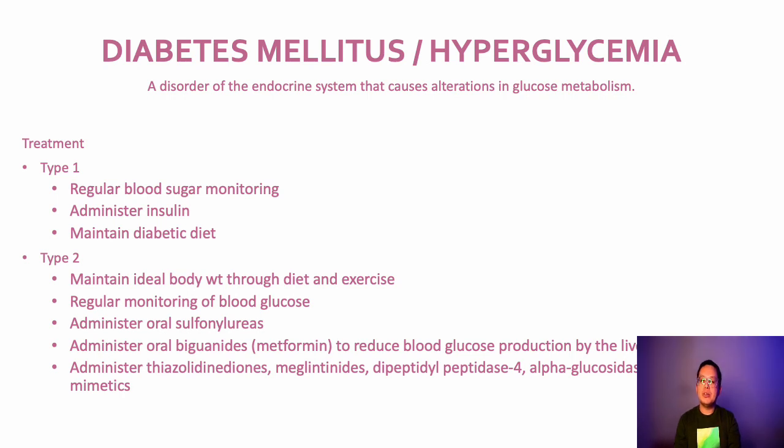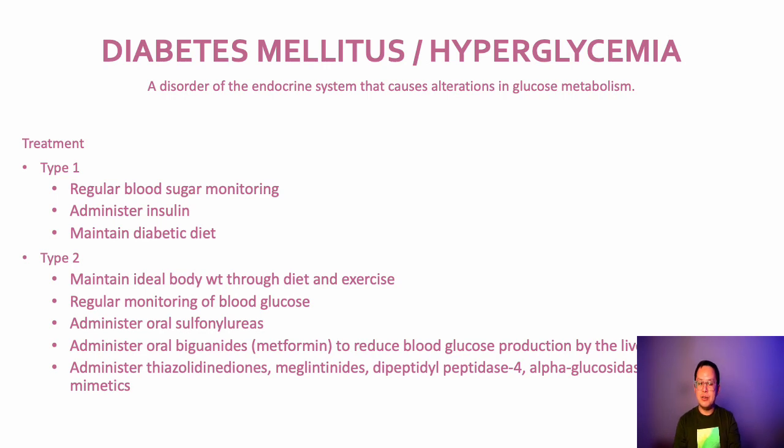Regular monitoring of blood glucose, administer oral sulfonylureas, administer biguanides, we call it metformin, most common form of oral anti-hyperglycemics, and to reduce blood glucose production by the liver. So administer thiazolidinediones, meglitinides, dipeptidyl peptidase-4, alpha-glucosidase inhibitors, incretin mimetics.